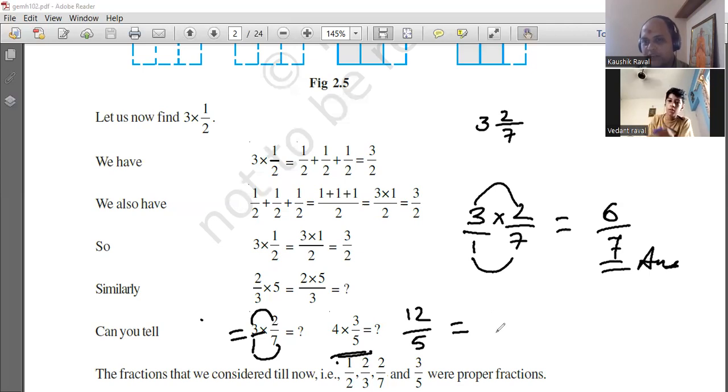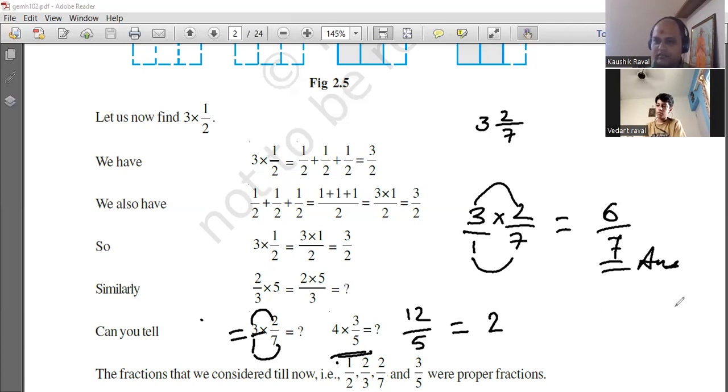Come on, you can do it with mental math. Say the table of 5 out loud. 5 2s are 10. Okay. Now what is left? 12 minus 10.